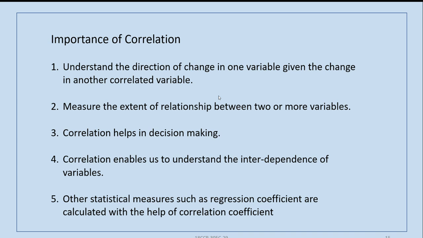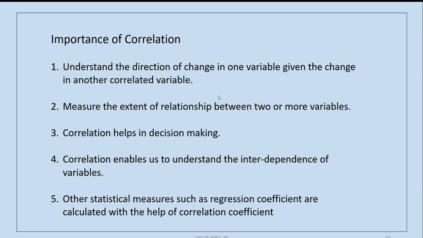Direction means if advertisement costs are increasing, the sales are increasing. That means advertisement costs are going up, price is going up, or the sales is going up. That means there is increase in one direction. That is the meaning of this sentence. Measure the extent of relationship between two or more variables. If there is relation, then definitely we can measure the relation between the two variables.